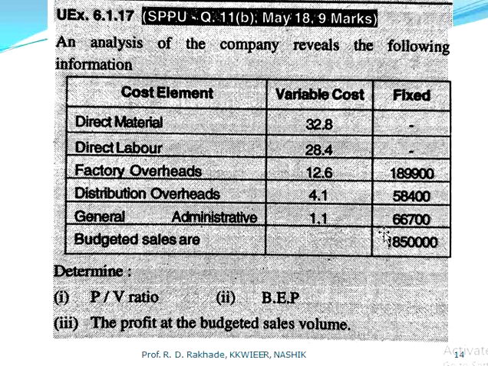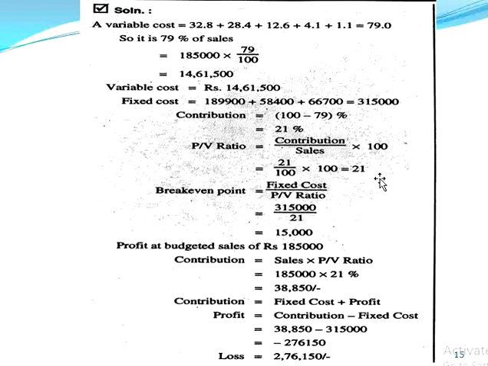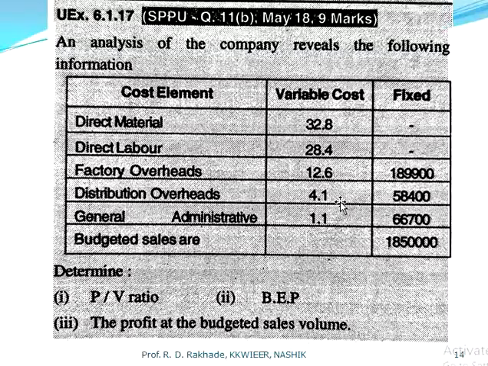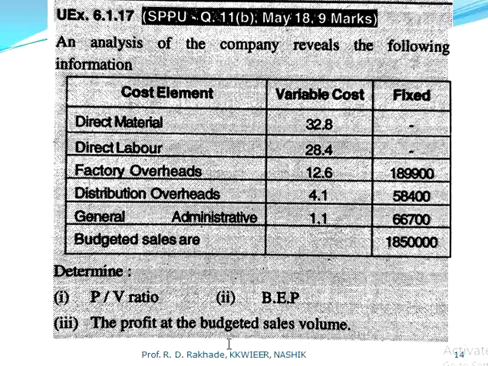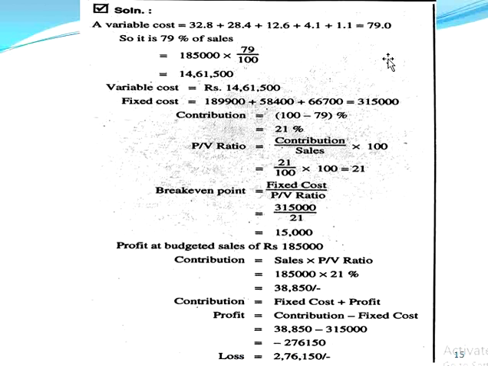So budget sales are given as 18 lakh 50,000. First, all these variable costs should be included to calculate break-even point or PV ratio, and again the sum of these fixed costs, so we can calculate different parameters.